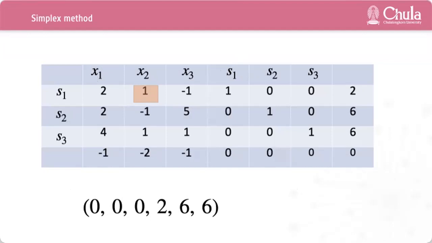Then we look at the most negative coefficient of the objective function, because by adding x2 to the basic variables, we can reduce the value of the objective function, since we want to minimize it.